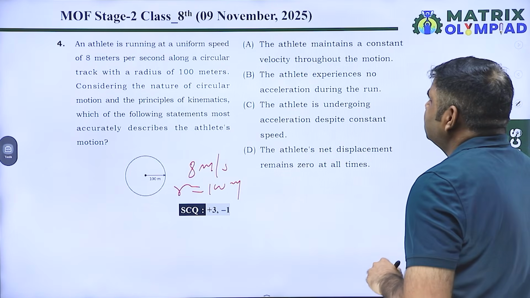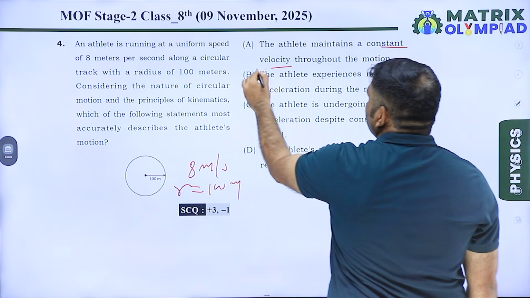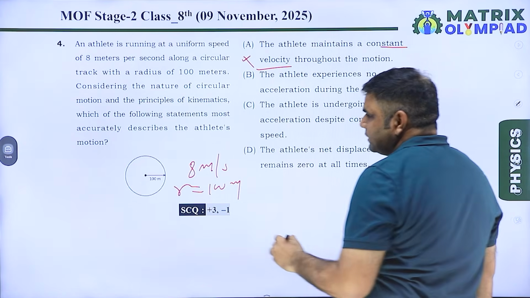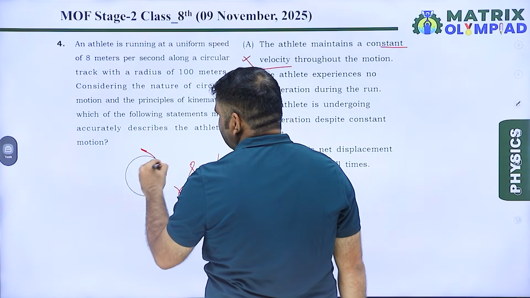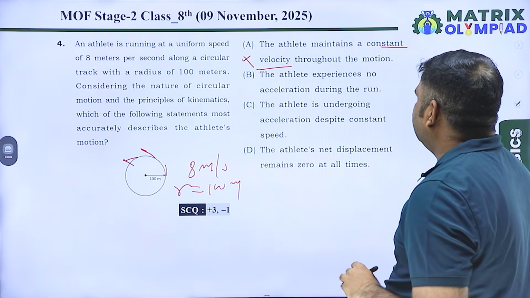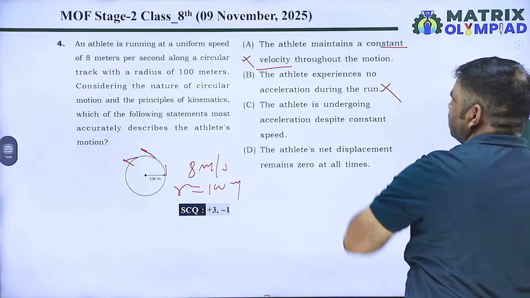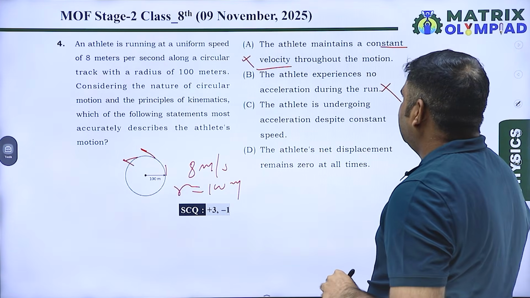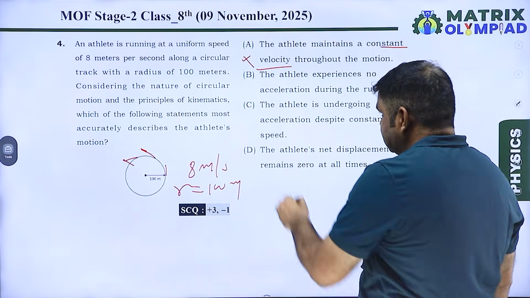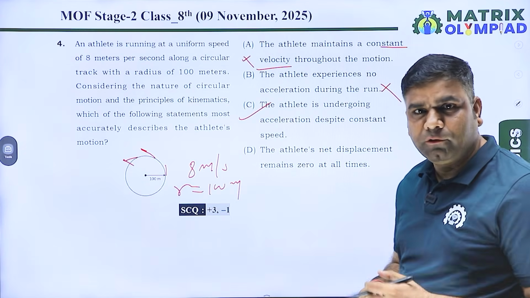The first option is the athlete maintains a constant velocity. No, because in circular motion the direction is changed at every point, so velocity cannot be constant. The athlete experiences no acceleration during the run. No. The athlete is undergoing acceleration despite constant speed. Yes. So our correct answer will be option number C for question number 4.